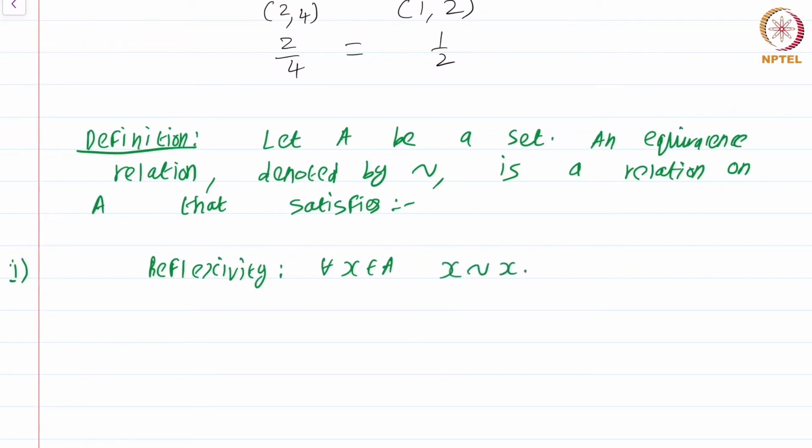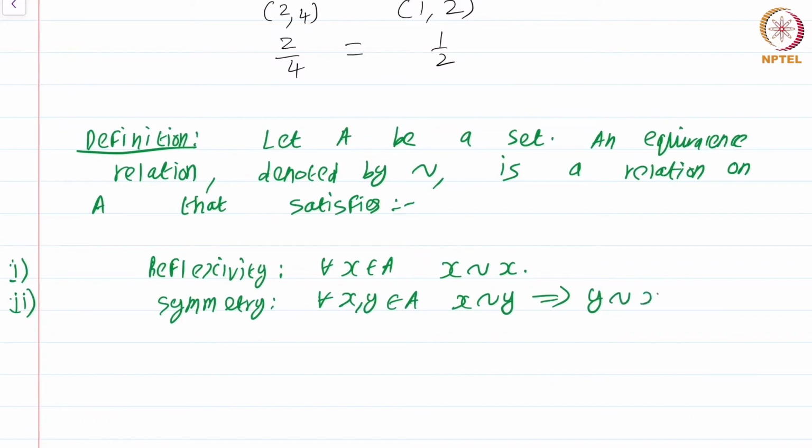Number 2, symmetry. This says that for all x, y in A, x related to y implies y related to x. And the third property is transitivity.